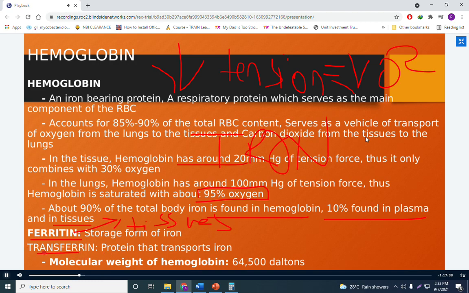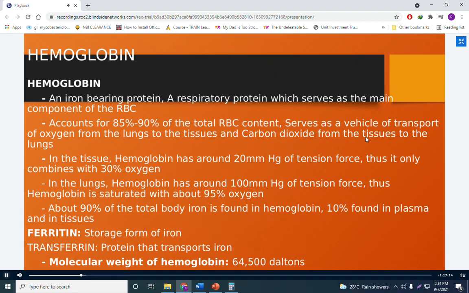Transferrin from the word trans, meaning to transfer, to move. Transferrin, which means protein that transports iron. And then lastly, class, the molecular weight of hemoglobin is 64,500 daltons. Okay, any question for this slide? Right, let's proceed to the next.